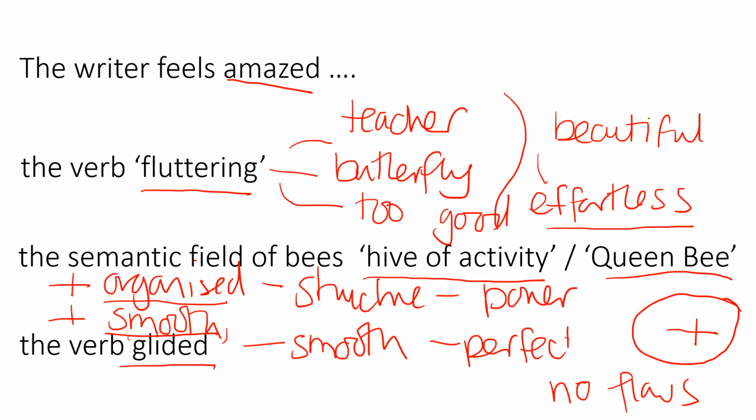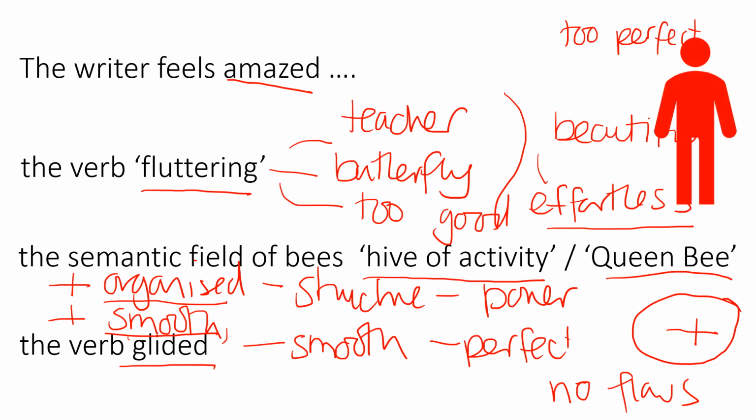Everything seems to be possibly too perfect. And so you can see that we're building that picture up so we can see how the writer has used the word and how it links into the writer's feelings.